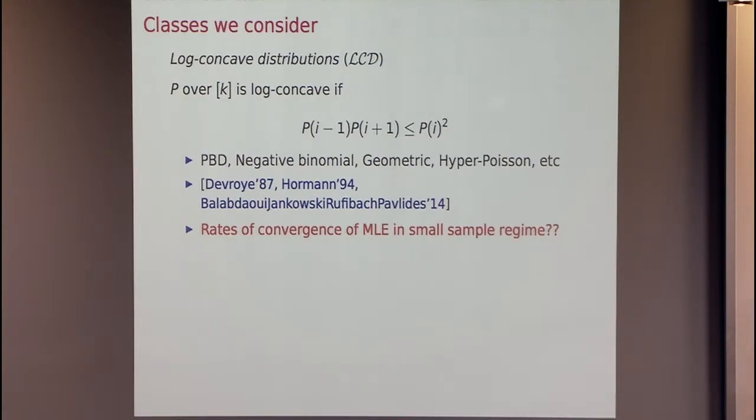So most of the results that I could find, namely in this last one, they try to study the rate of convergence of the maximum likelihood estimator when you fix the distribution and let n grow. Whereas I believe it's possible to characterize the rate of convergence independent of the support size for the class of log concave distributions.